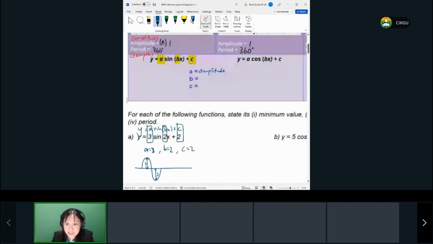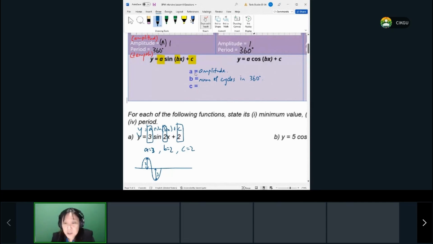Next, B. What does the B mean? B is the value in the bracket, right in front of x. Whatever this value is, it tells us the number of cycles in 360 degrees. For now, I can't possibly explain why, because we don't have time to derive the calculation, so just take it as is.